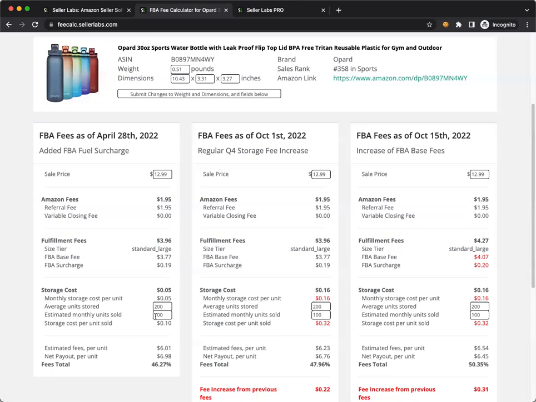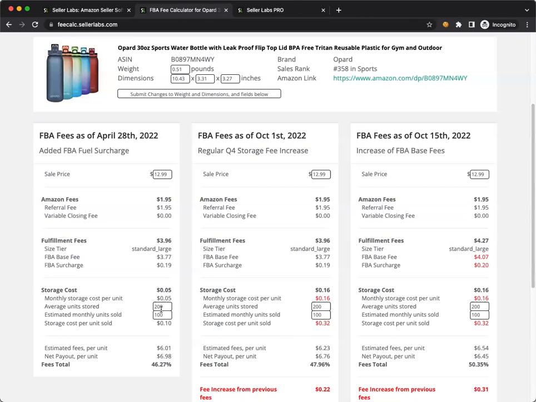What we're assuming here is, I think the average inventory life cycle for many people is around 60 days of coverage. So if you were to sell 100 units of inventory a month, you might have an average of about 200 units in stock. You can adjust these for your business depending on how much you actually have in stock on any given day, and about how many units you sell.